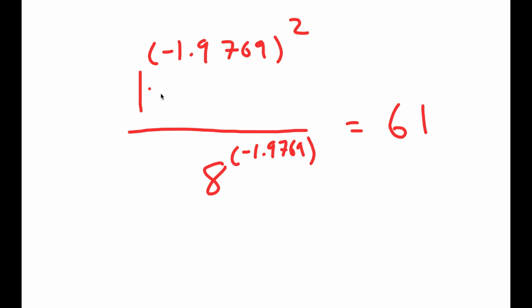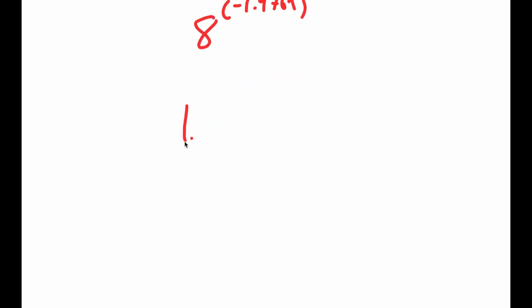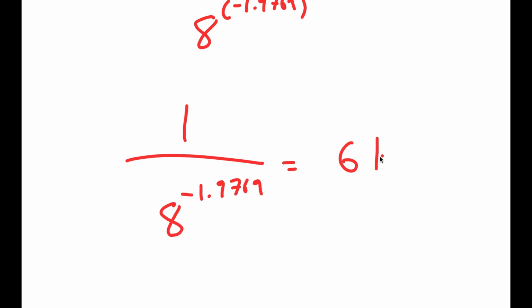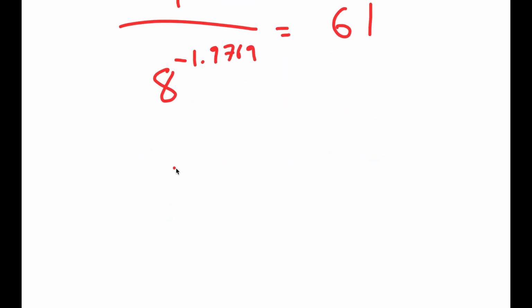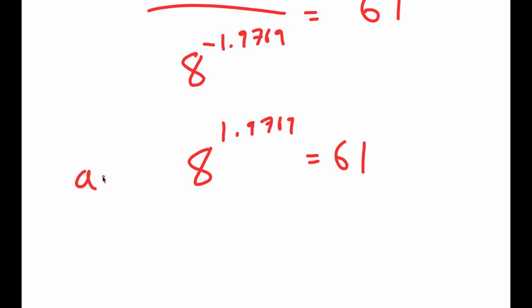Now remember, like I said, 1 to the power of anything is itself. So now I just get 1 over 8 to the power of negative 1.9769 is equal to 61, which is the same thing as 8 to the power of 1.9769, because 1 over a is equal to a to the power of negative 1.